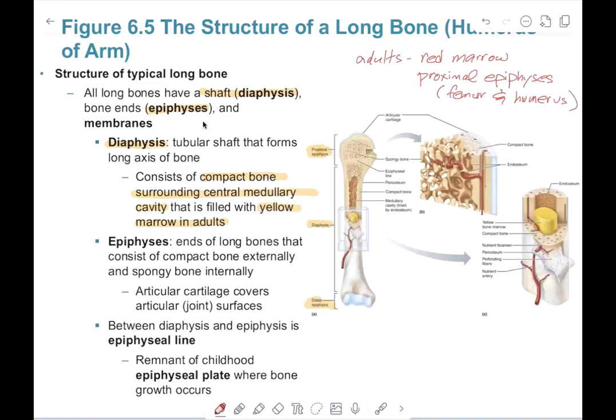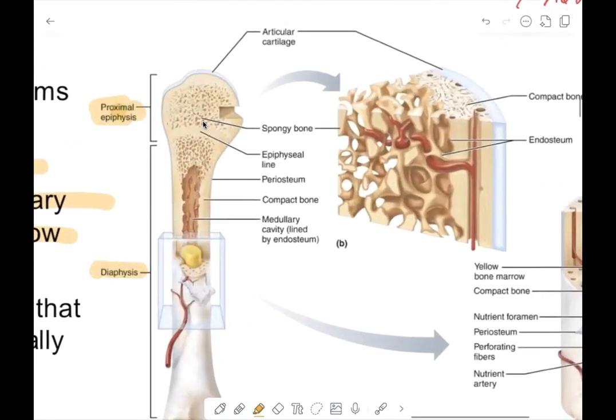We can see some other structures here. Again, the epiphysis is covered by articular cartilage. Between the epiphysis and the diaphysis is what's called the epiphyseal plate or growth plate, and that develops into the epiphyseal line, which we can see right here. That originally was cartilage up until adulthood.